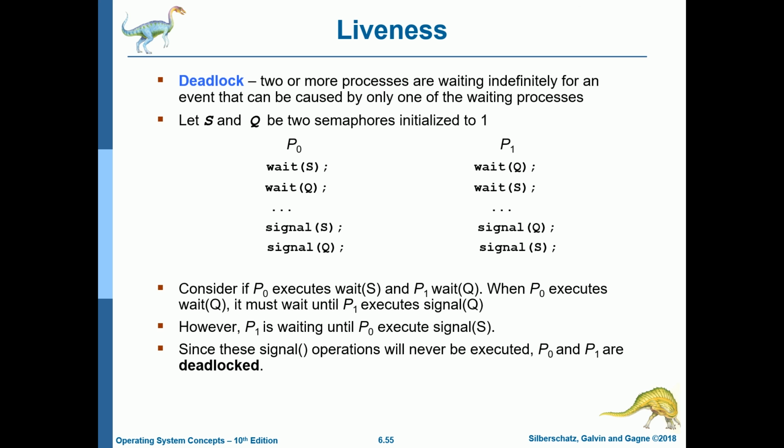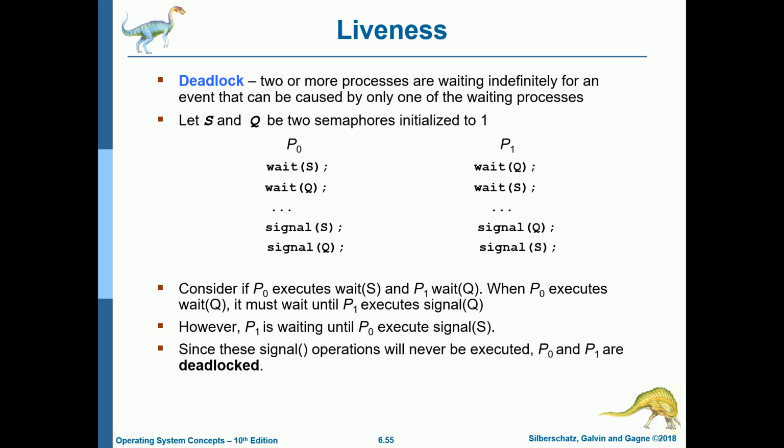Now let's suppose that process P0 executes a wait on the semaphore S, and the process P1 executes a wait on the semaphore Q. When process P0 executes a wait on Q, it must wait until process P1 executes a signal on Q. Now similarly, when process P1 executes a wait on semaphore S, it must wait until process P0 executes a signal on S.